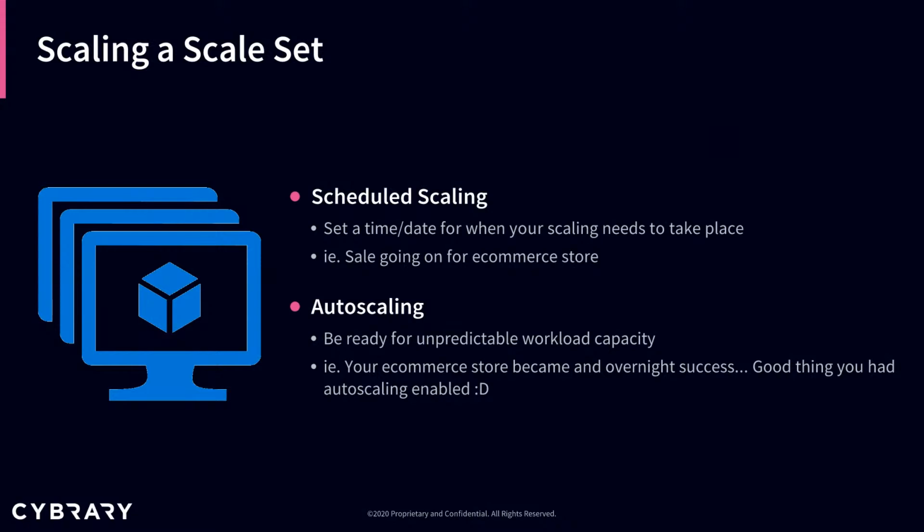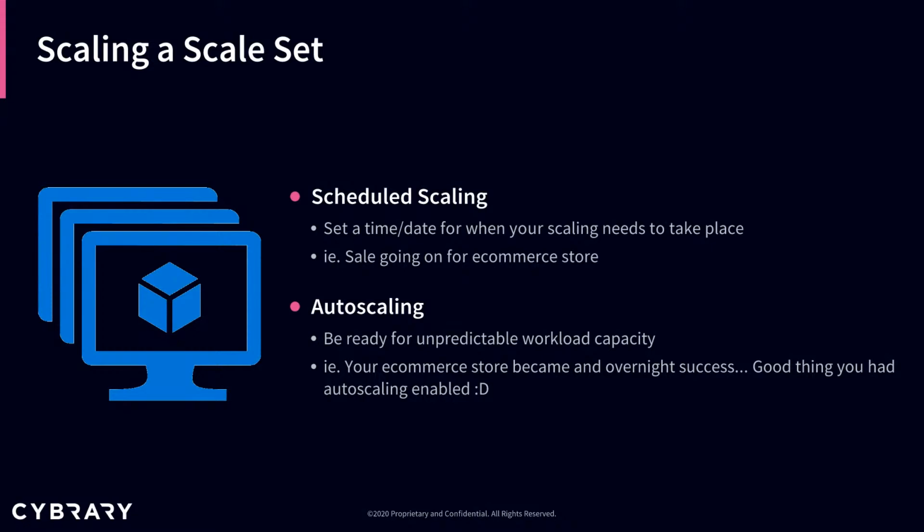For example, if you have a sale going on for an e-commerce store, there might be some scaling required at that time. Auto scaling will be if you have some sort of application where the load is unpredictable and you want to do scaling based on capacity.